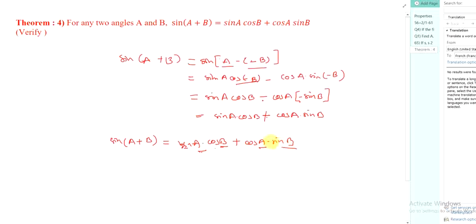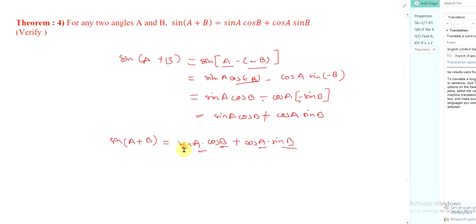It is very easy to remember. If you recite it, then you will get that. So try to remember this one and try to prove these results your own way also, then you will understand it thoroughly. So we have proved these four results.